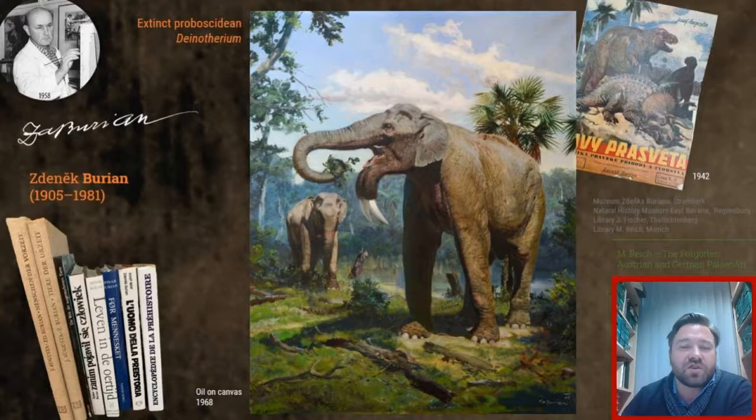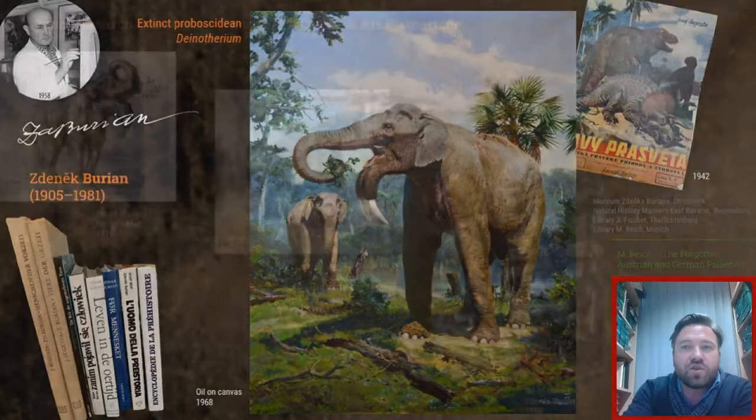His first paintings were published in the 1940s, and since then, over more than 4 decades, he worked and produced paintings and drawings, and he left behind more than 14,000 pieces of art, including more than 700 oil paintings and drawings devoted to paleontology or to prehistoric life, which were often published and illustrated more than 50 books, not only published in Czech and German, but also English, French, Hungarian, and a lot of other languages.